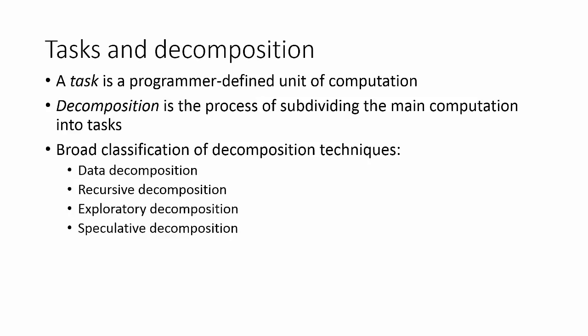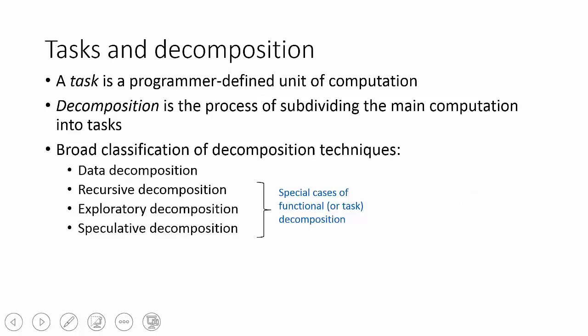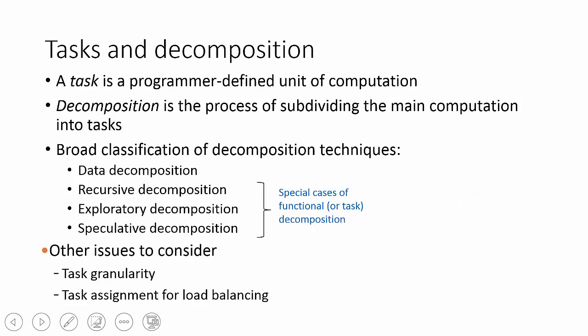And there are many kinds of decomposition techniques, and we're really going to use only data decomposition here and talk about functional decomposition. Recursive, exploratory, and speculative decomposition are special cases of functional and task decomposition. But we're mostly going to talk about data decomposition here.